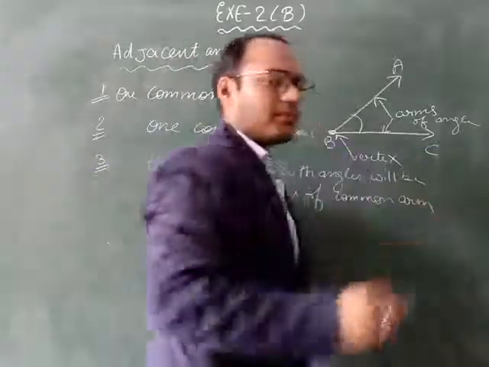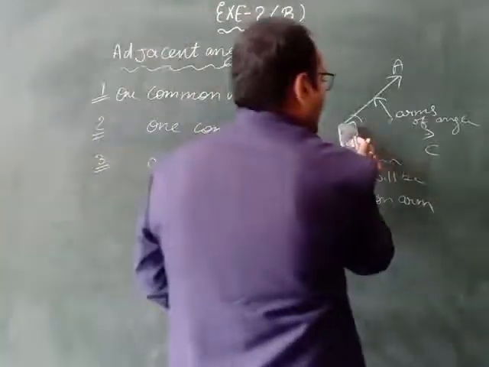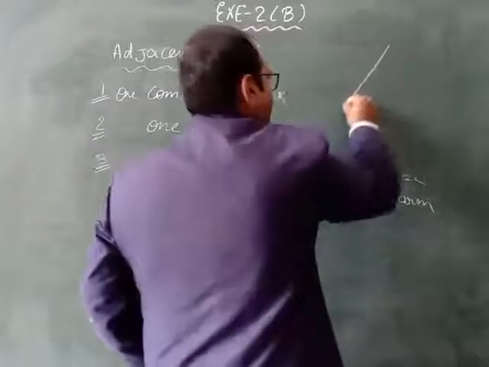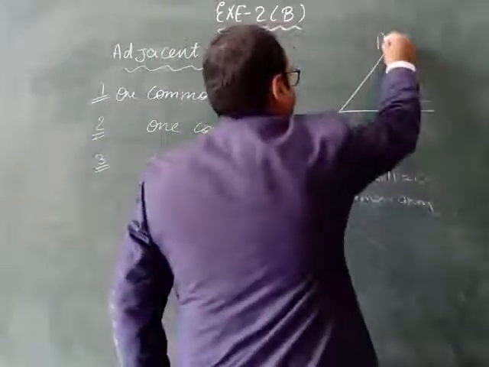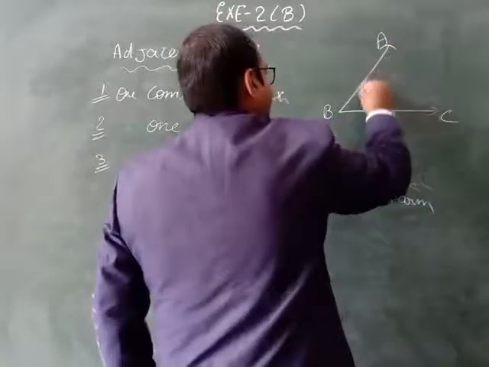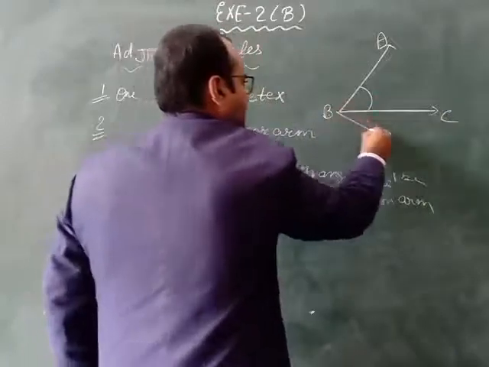Let's take one example of adjacent angles. Suppose I am making here one figure. Two angles I am making. This is angle ABC, and another angle also I am making, CBD.